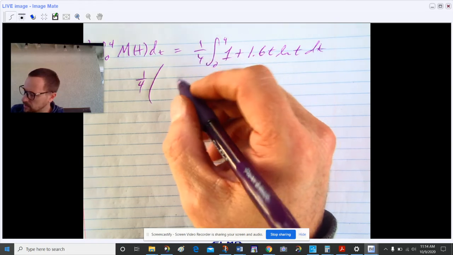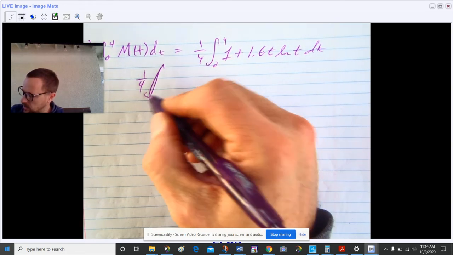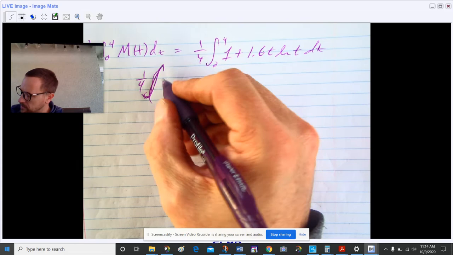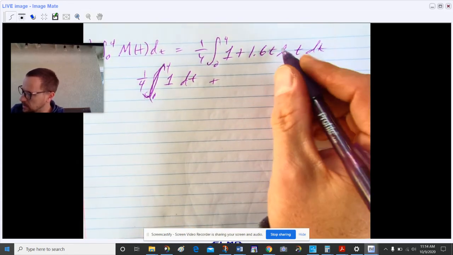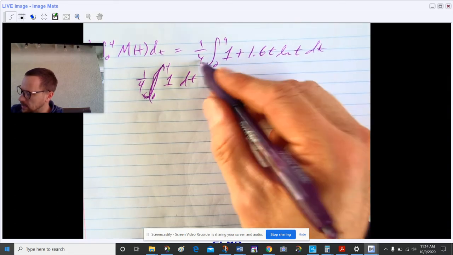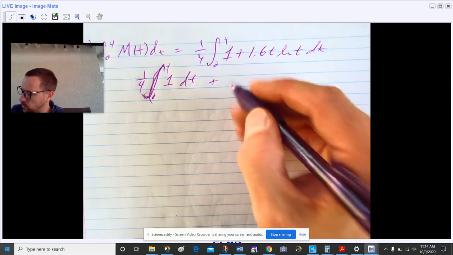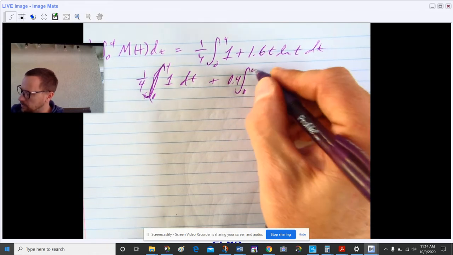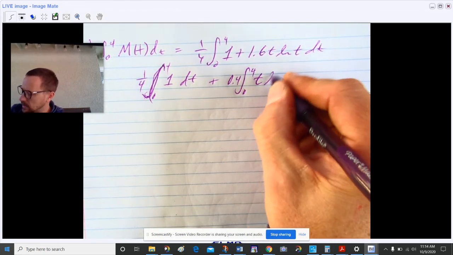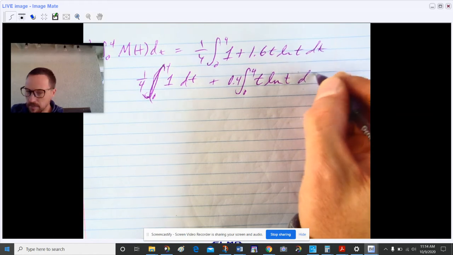So we have 1/4, and then we have 1 going from 0 to 4 dt plus, when we take out that 1.6 on this part, 1/4 of 1.6 is 0.4, times the integral from 0 to 4 of t natural log of t dt.